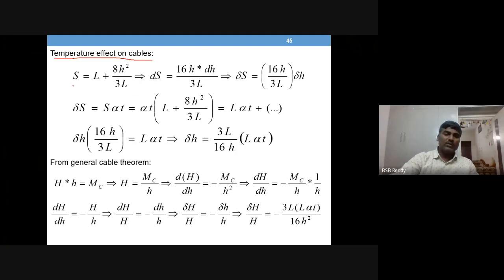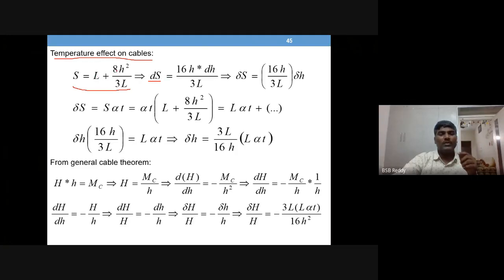We start with the cable length. Let us say the change in cable length, that means an infinitely small change, ds, is equal to, okay, this is a constant term, so there is no change, zero.